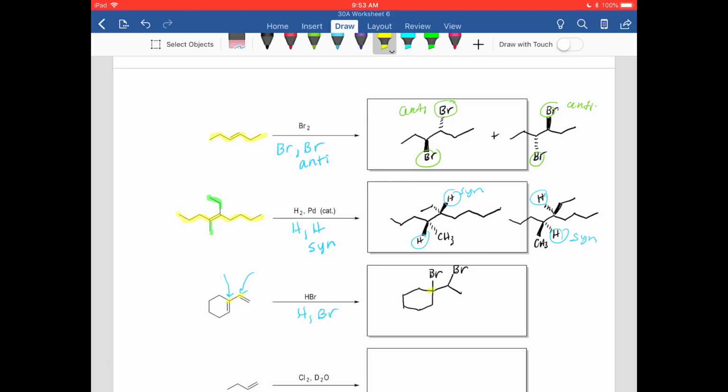So here, this one is not a chiral center because I have symmetry around this ring. But this one over here is a chiral center. So I'm forming one new chiral center, and because it's going through a carbocation, that means I am going to get a mixture of stereoisomers. So I could get the bromine forward, or I can get the bromine back.